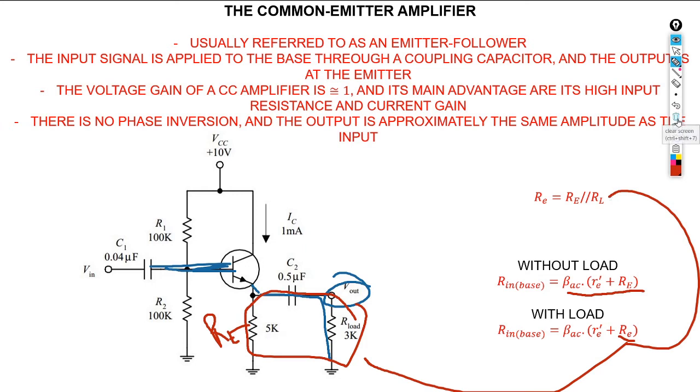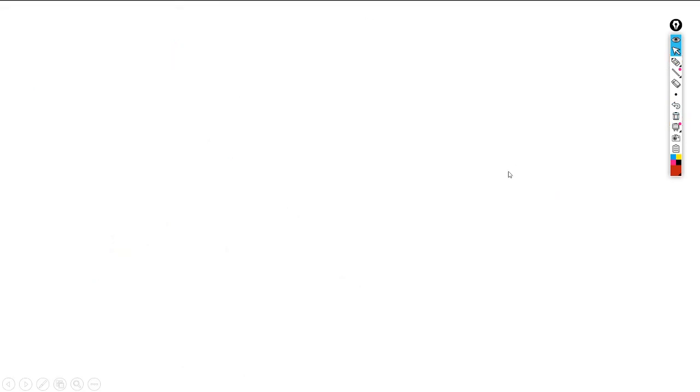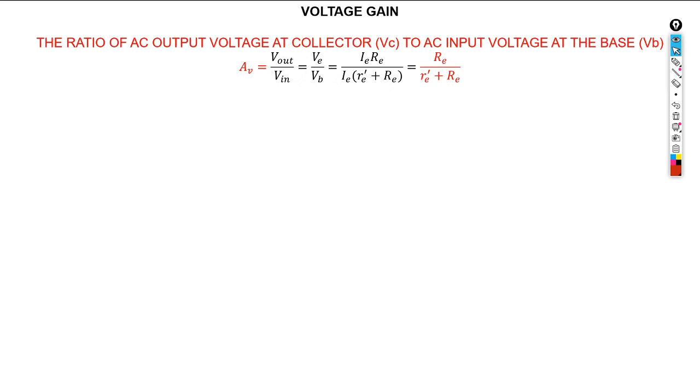Let's move on to some basics. We can see that it is straightforward. The voltage gain is the ratio between the output and the input. The output here is our VE, and the input is our V base.